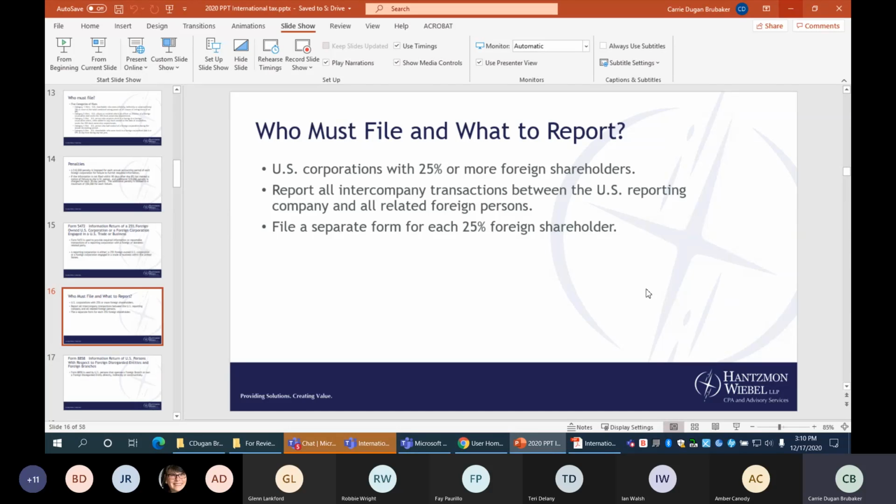U.S. corporations with 25% or more foreign shareholders. You report all intercompany transactions between U.S. reporting companies and related foreign persons. And a separate form is filed for each 25% foreign shareholder. The penalties for this form are the same as the 5471.